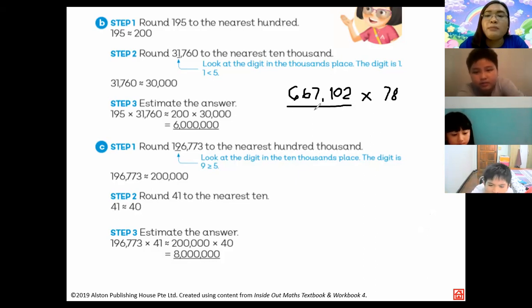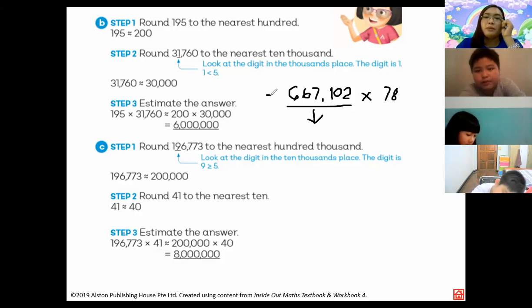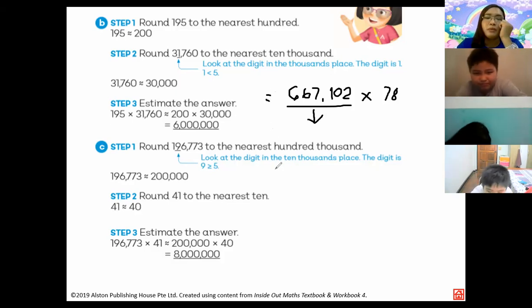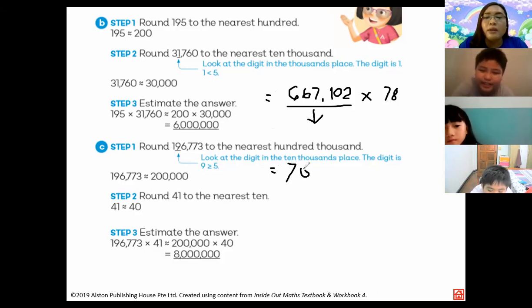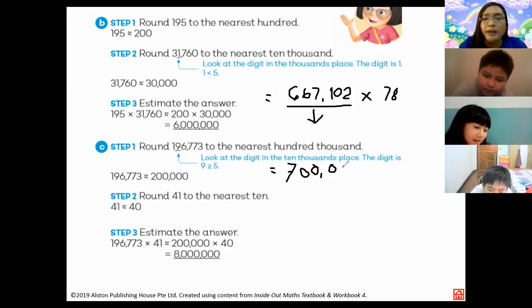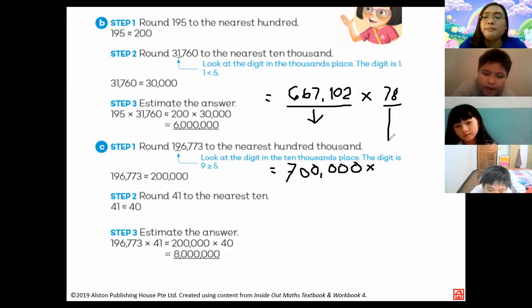First, round this number to the nearest 100,000. 700,000. Okay, and what about 78? Round this number to the nearest 10. 80.